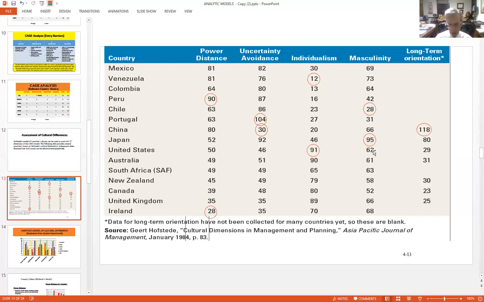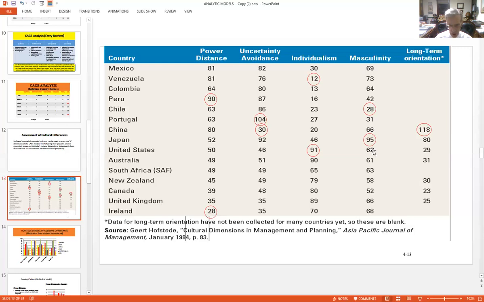Everybody's the same. When we get to uncertainty avoidance, another way of saying that is risk avoidance. And in some countries, we can see that risk avoidance is pretty high. Portugal is amazing.